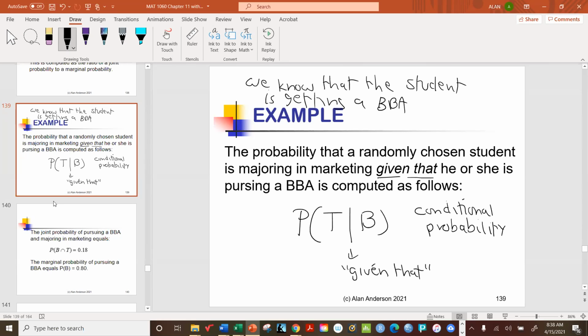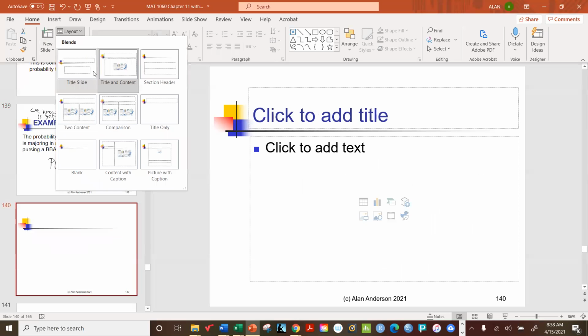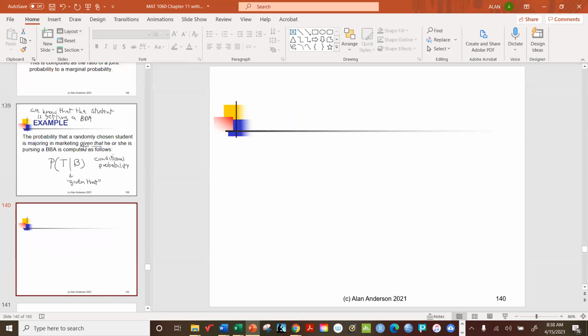Now, we need two pieces of information to solve for this. All right, formally, a conditional probability like this is written as a ratio of the joint probability of both of these events being true.